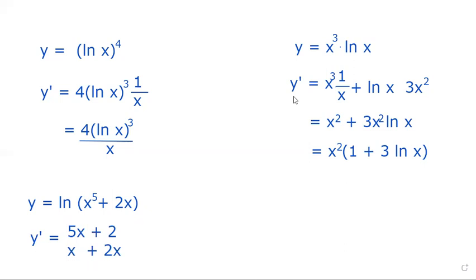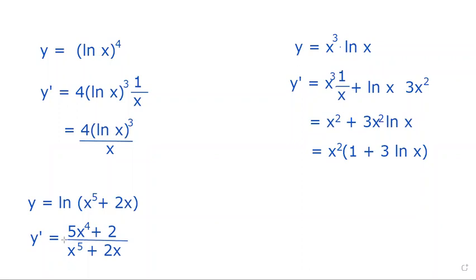Let's go back and put the exponents in here. Remember, the derivative of x to the fifth is going to be 5x to the fourth. The derivative of 2x is 2. And then this is the original function that we were given.